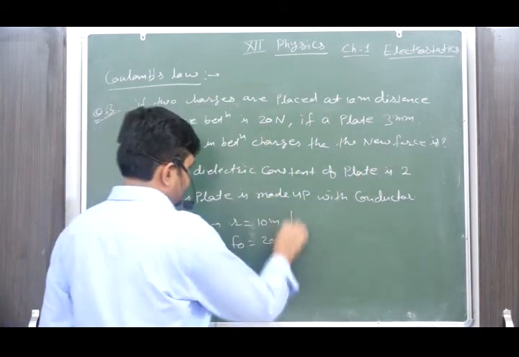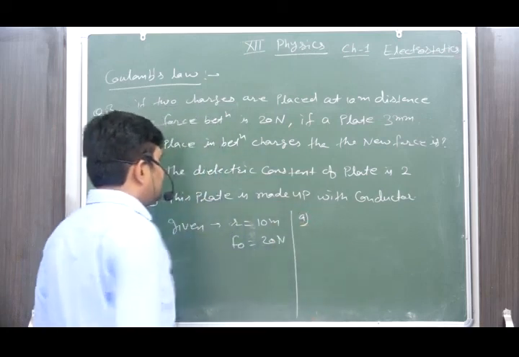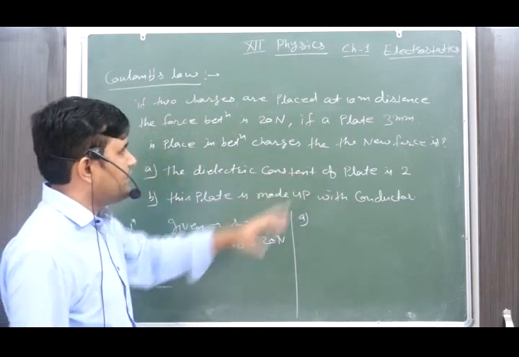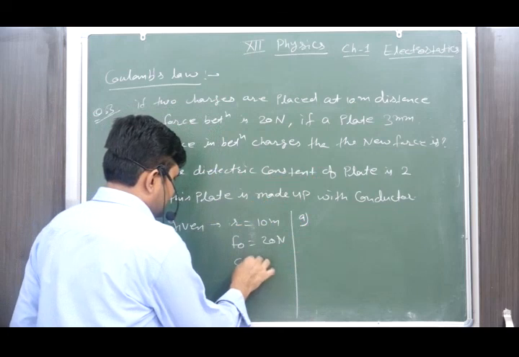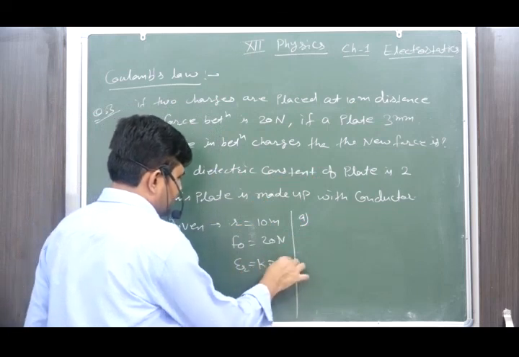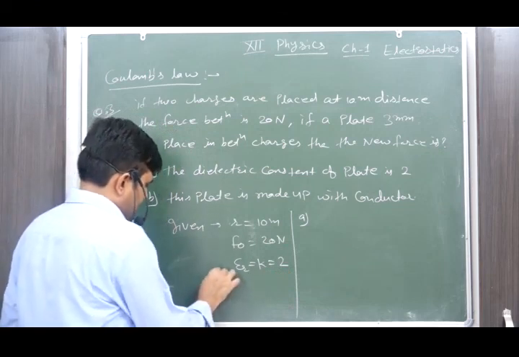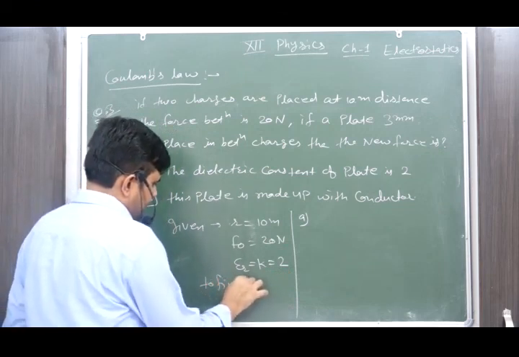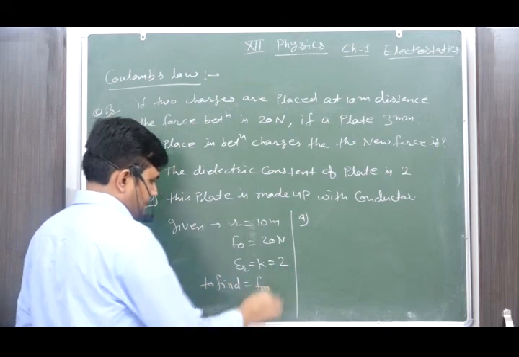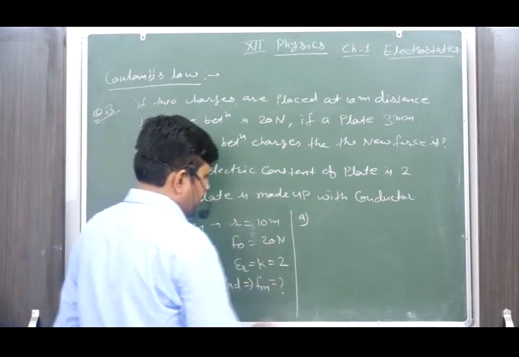Case number 1: first we will solve the first type of question, where the dielectric constant of the plate is K equal to 2. Now to find Fm.